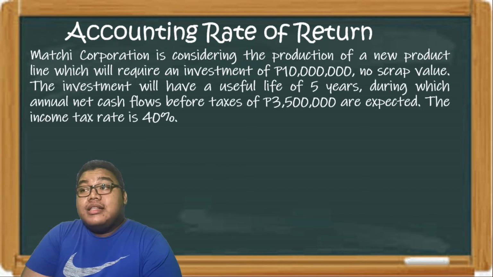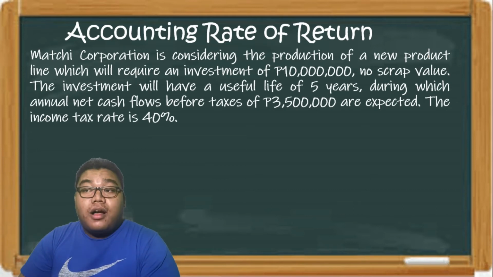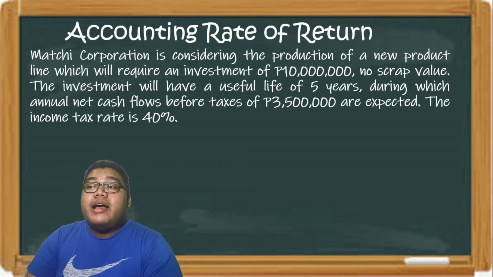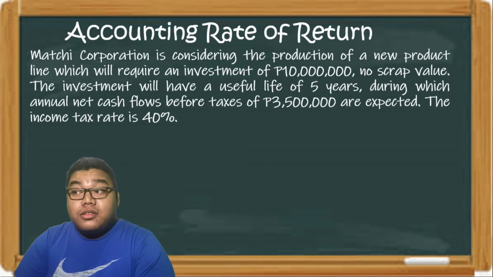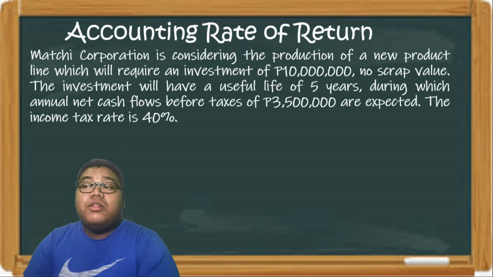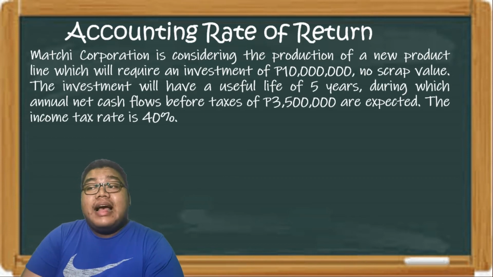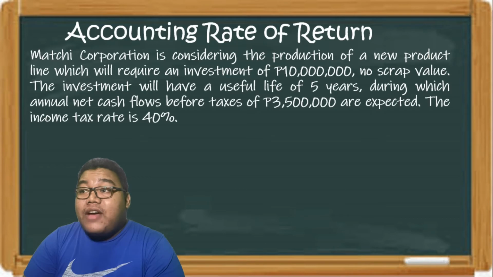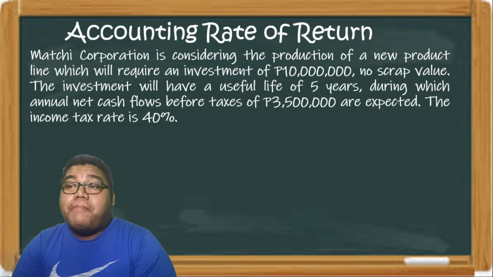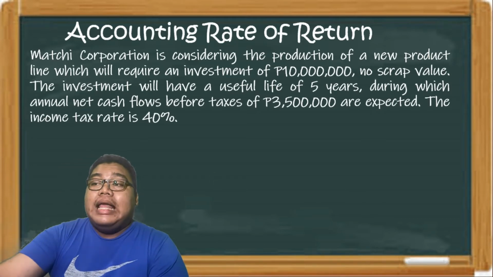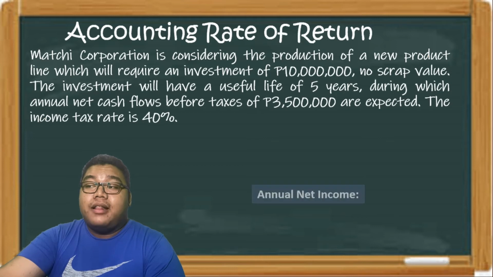Matthew Corporation is considering the production of a new product line which will require an investment of 10 million pesos. No scrap value. The investment will have a useful life of 5 years, during which annual net cash flows before taxes of 3,500,000 are expected. The income tax rate is 40%.